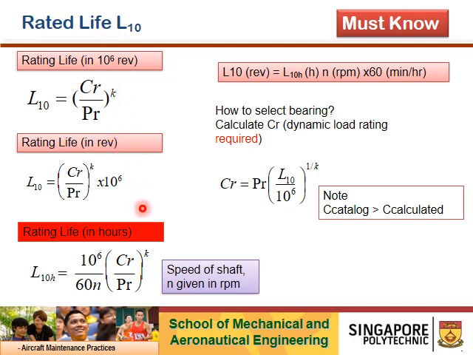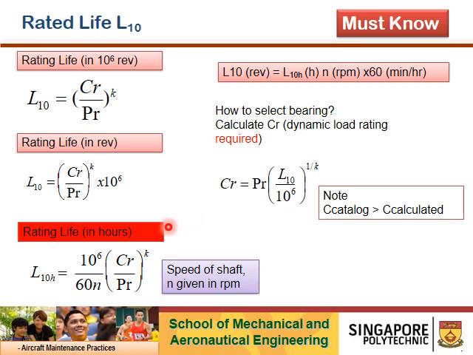It's quite similar to car engine oil or motorbike engine oil replacement timing. It's either 10,000 kilometers or 6 months. So it's quite similar. It's either 1 million revolutions or by the hours you should fail. And this calculation will allow you to stop the production and replace the bearing before a catastrophic failure occurs.